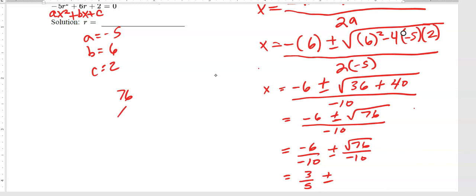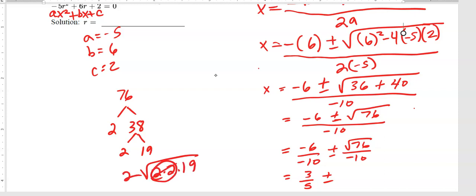So let's just try the long way. That's going to be 2 and 38. And then 2 and 19. Well, I definitely see that I have a pair of 2's. So I can bring one out. So I have 2 square root of 19 over -10. So I can simplify this as 3/5 plus or minus 2 over 10 would become 1/5.